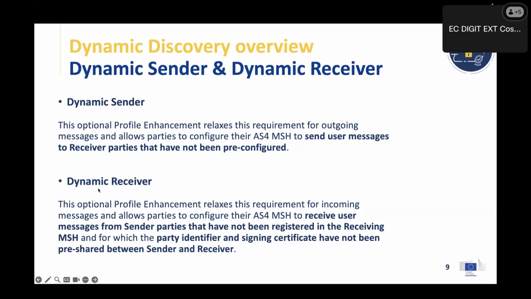And the dynamic receiver profile enhancement, which allows an access point to receive user messages from sender parties which were not previously registered, so unknown senders. The receiver access point doesn't know the identifier or the certificate of these senders.